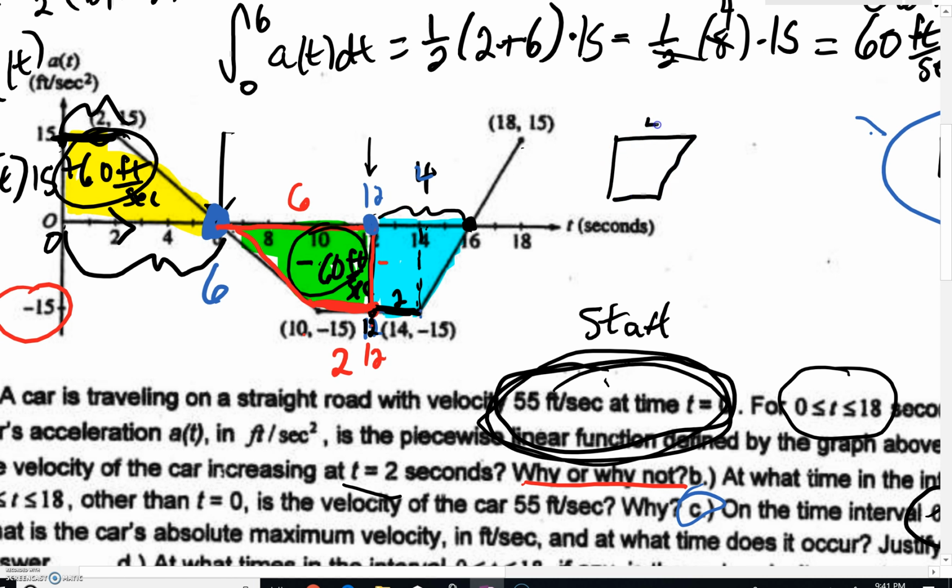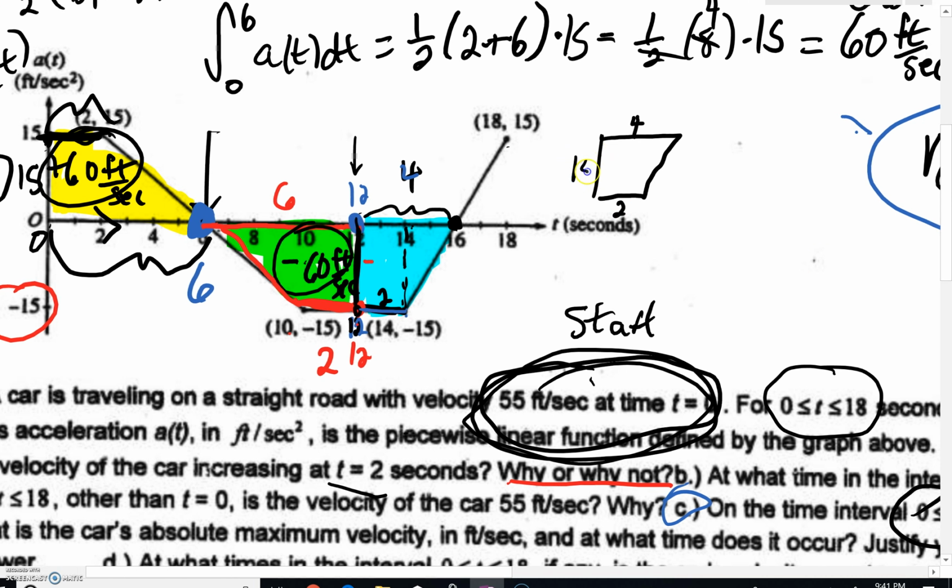We know that up here is 4, down here is 2, and the height, the distance between, is 15. So we could take the area to be 1/2 base 1 plus base 2 times the height. 4 plus 2 is a 6. Half of 6 is 3. 3 times 15 is actually 45. So that's a negative 45. And guys, right there, that tells you so very much.